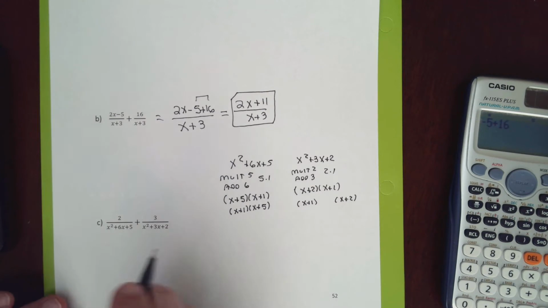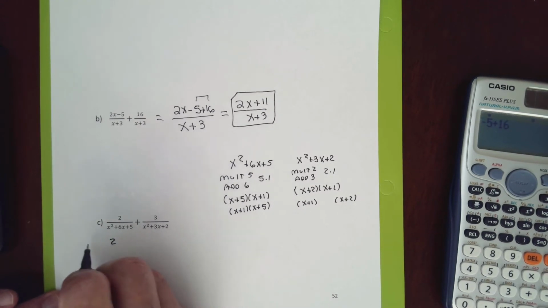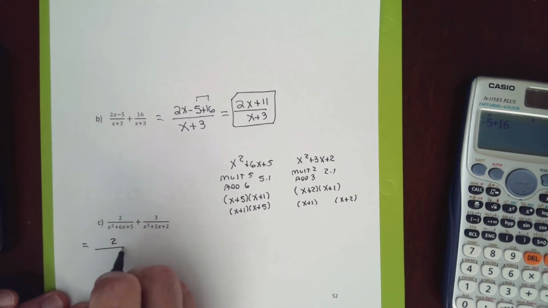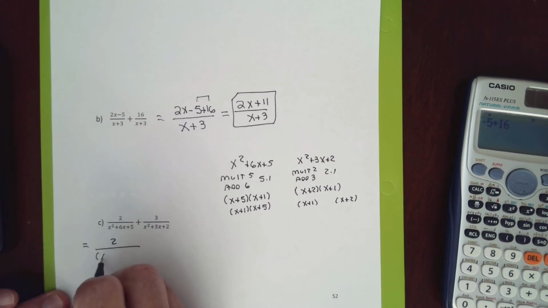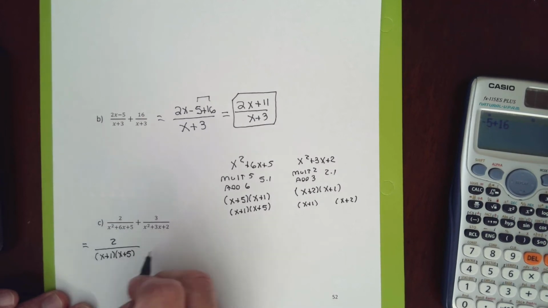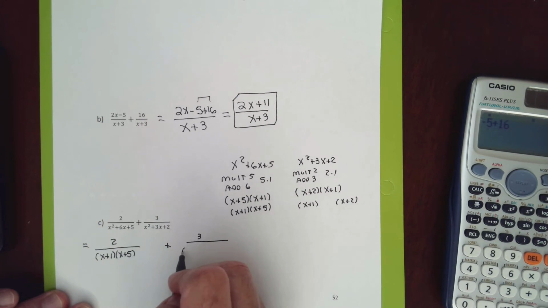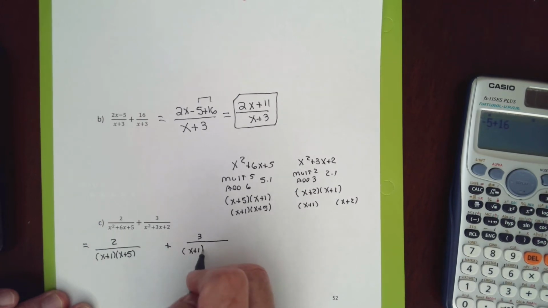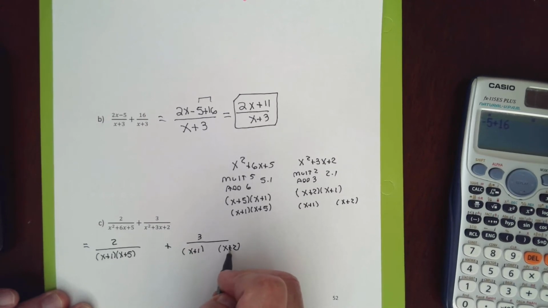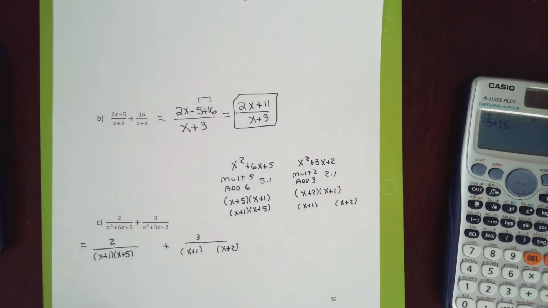So my fraction version of this factored is going to be 2 over first fraction x plus 1 times x plus 5, common factor first, no hole in the first denominator. My second fraction, the denominator is going to be x plus 1 times x plus 2. I always write the common factor first, leave a hole in the second denominator.